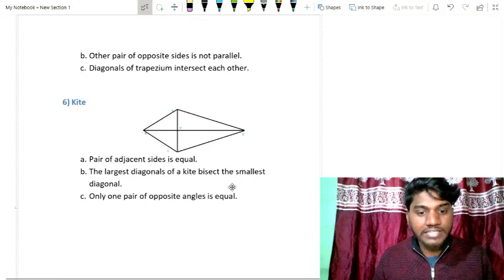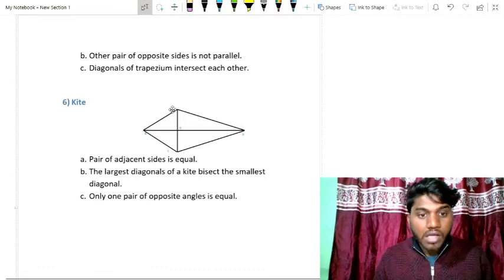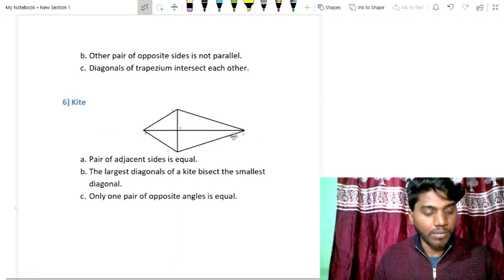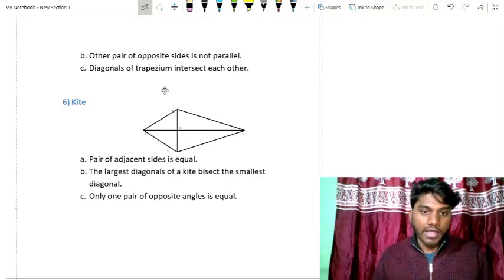Only one pair of opposite angles is equal. In a kite, angle BAD and angle BCD will be equal. Understood? Thank you.